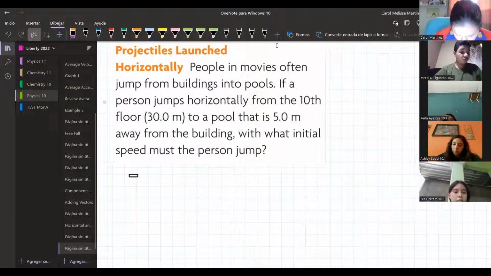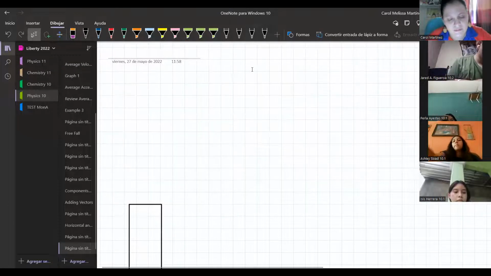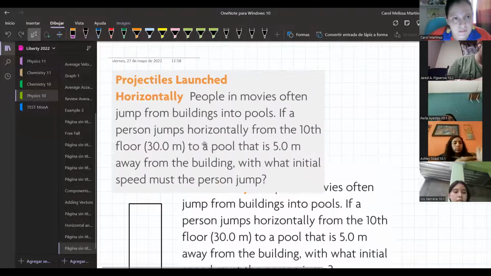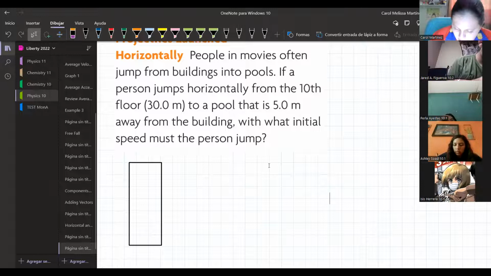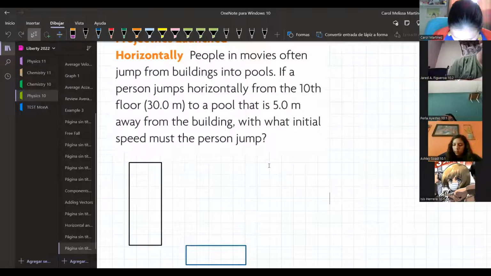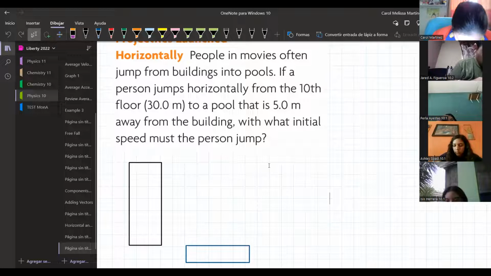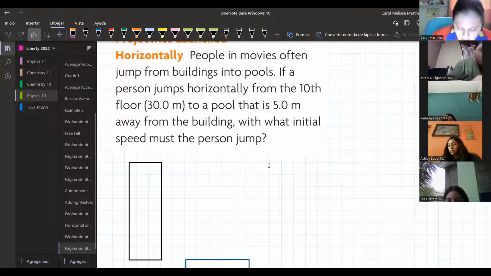So imagine that this is the building and here there is like the pool, okay?